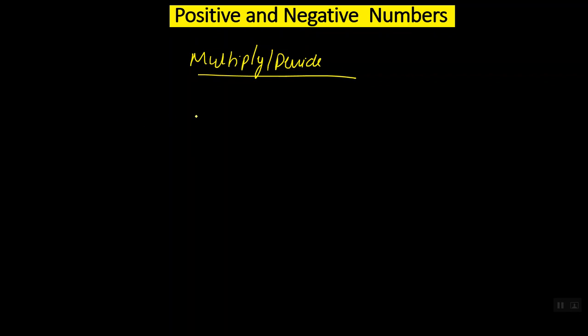Okay, now what happens? Any positive number multiplied with another positive number, your result is positive, isn't it? A positive number multiplied by a negative, your result is negative. A negative number multiplied by a positive, your result is negative. A negative number multiplied by a negative, the result is positive.